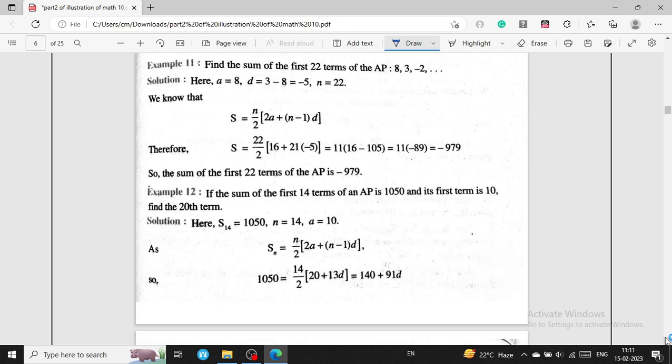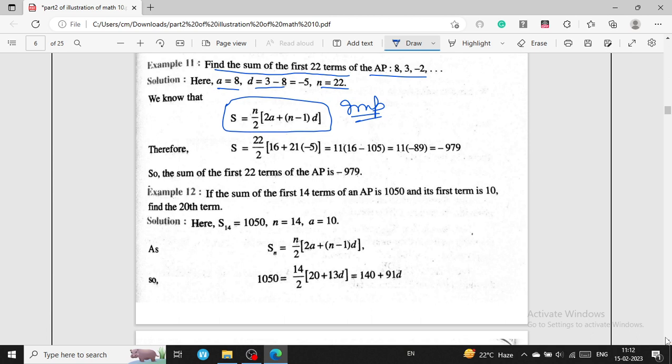Now the next question is related to the sum of n terms. Find the sum of the first 22 terms of the AP. We have given an AP. A is given 8, D is given 3 minus 8, that is minus 5, N is given 22. And here we use this formula. You should keep in mind this formula, it's a very important formula. S is equal to N by 2 times 2A plus N minus 1 D. N is given 22 over 2, times 16.